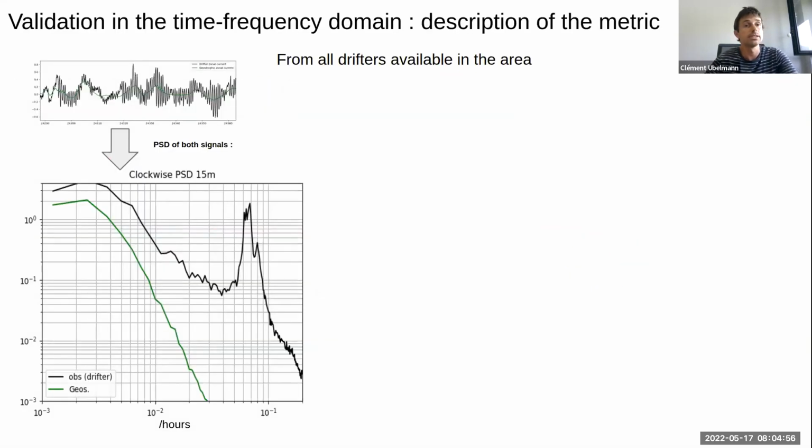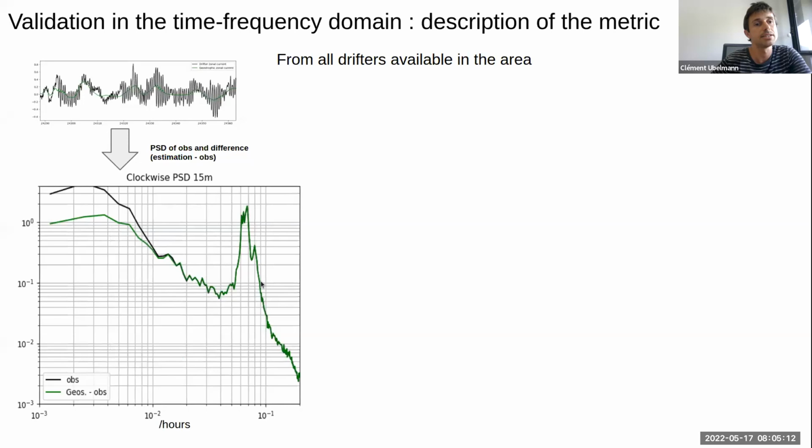I propose this metric here. From the time series here in black of the drifter observation and in green the estimation, we can compute the PSD, the power spectral densities, of both signals, and more interestingly the PSD of the difference of the signals, the estimation minus the observation.